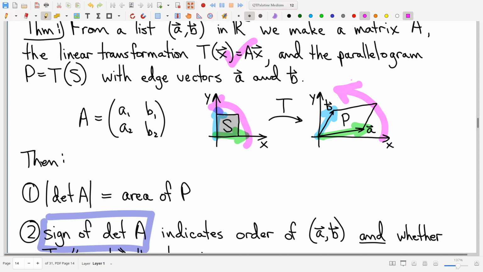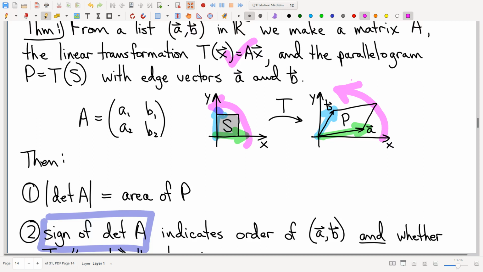The sign of the determinant not only tells you about the order, it tells you about the transformation and whether the transformation has a flip hidden inside of it somewhere. And again, typically something that you would think you would have to look at the geometry and understand a lot about the transformation and what it does and think about it geometrically.